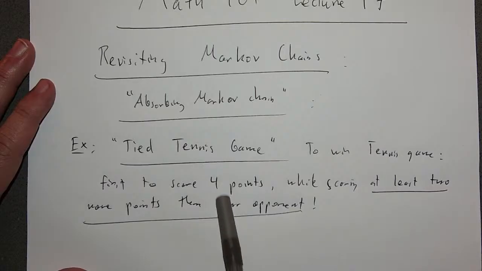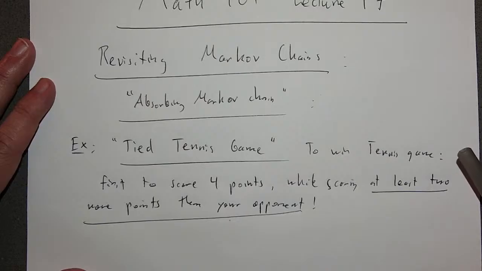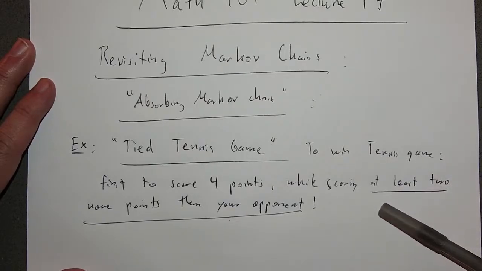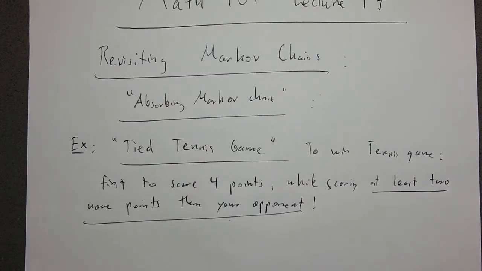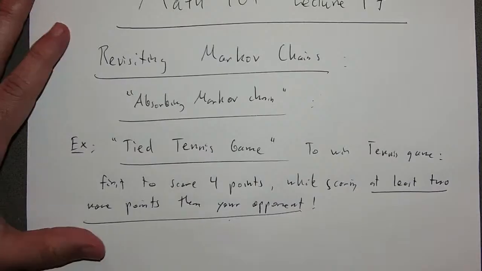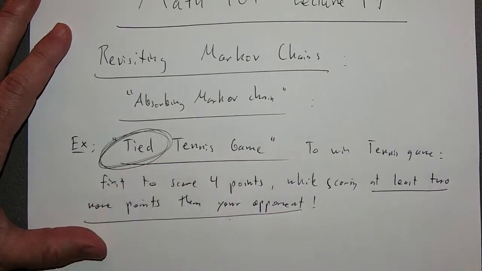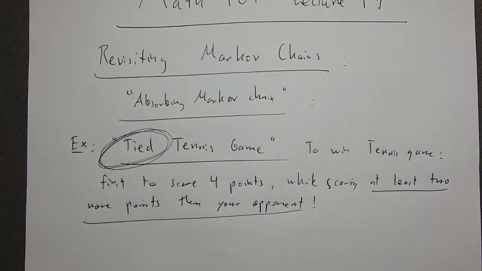If I'm the first to 4 points and the opponent only has 1 point or 2 points, I still win. But if I'm the first to 4 points but my opponent has 3 points, then before I got that fourth point, me and the opponent were tied. This is the case that we are going to focus on. What we are going to focus on is the state of the game where you begin in a tied state.